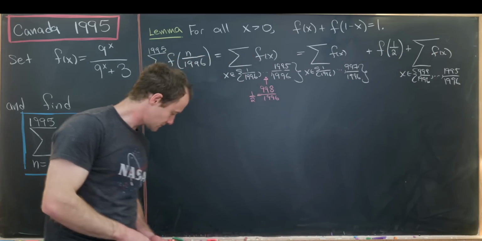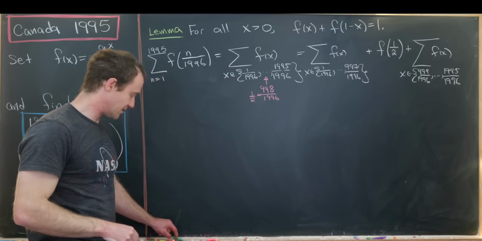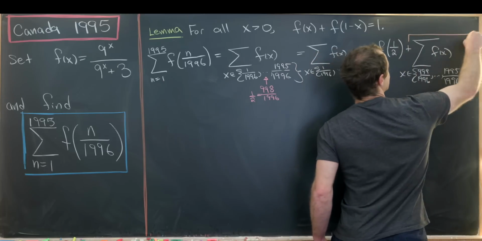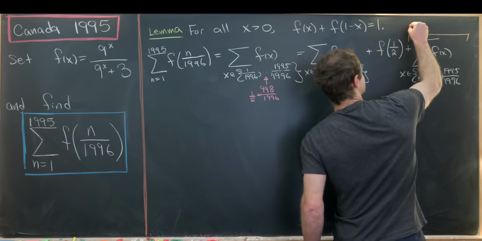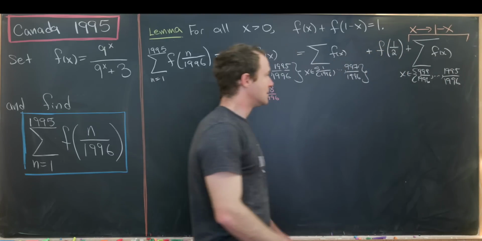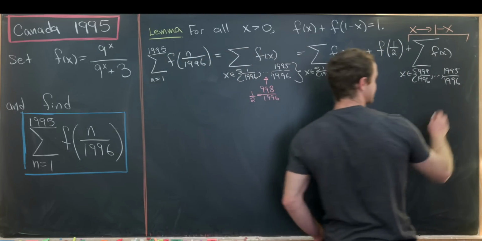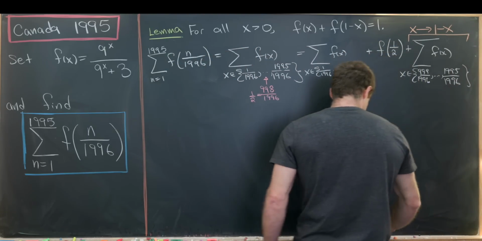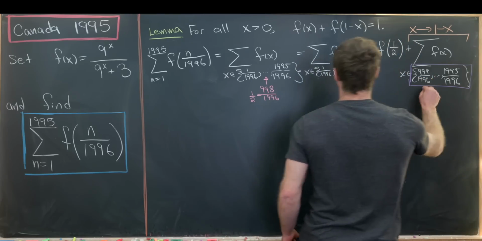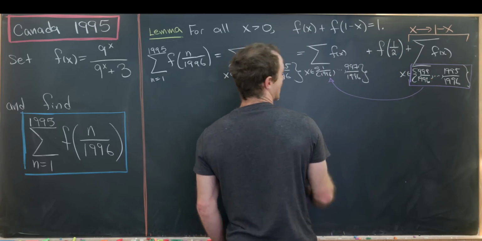Great. But now I'll perform a change of index for this last sum. And this change of index will replace x with 1 minus x. But now notice if we replace x with 1 minus x, that's going to fold this set right here into this set right here.